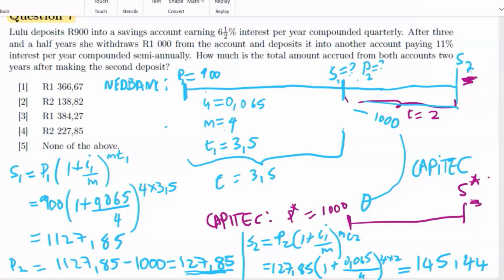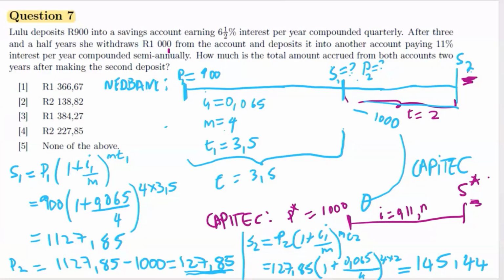Because she wants to move to Capitec with this 1,000. She goes to Capitec, and Capitec has different conditions. It has an interest rate of 11%, compounding semi-annually, which is 2. That's what is happening at Capitec.